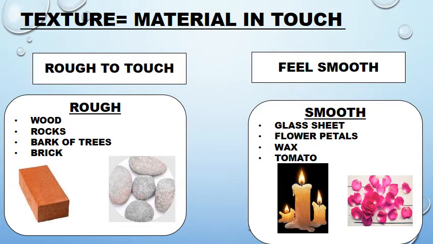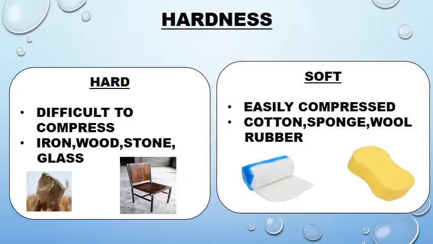For example, bark of tree, rocks, wood, bricks, etc. Whereas the materials which have no bumps or ridges and have a plain surface are smooth to touch and are called smooth materials. For example, we can take glass sheet, wax and petals of flowers.